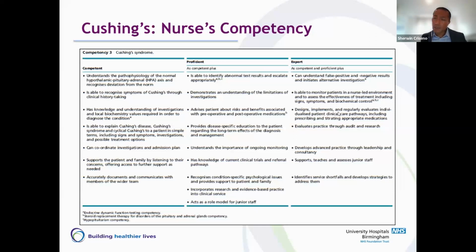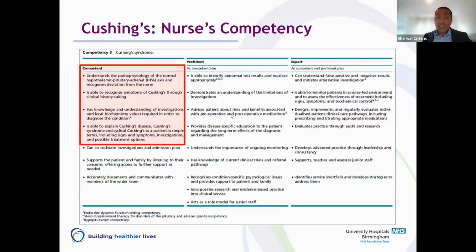The session that you had today, both from Professor Karvataki and from me, will give you evidence to prove to your line manager or supervisor that, A, you have an understanding of the pathophysiology and the normal hypothalamic-pituitary axis related to Cushing's disease.